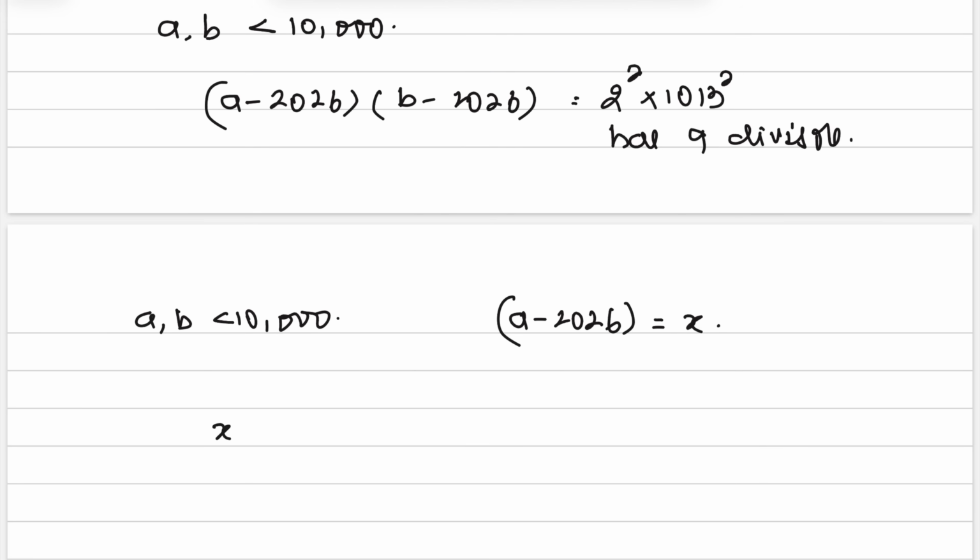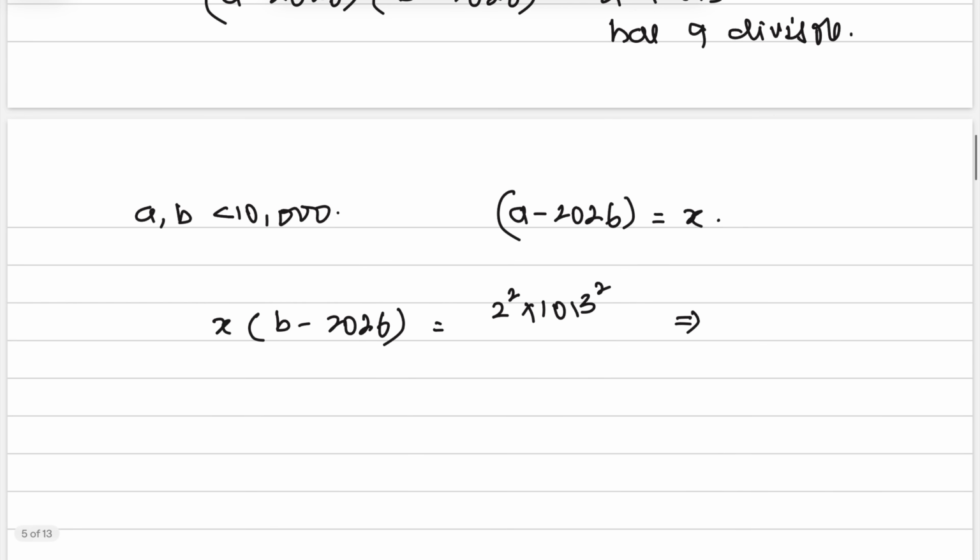That means x into (B minus 2026) is equal to 2 squared into 1013 whole squared. That implies, what is the value of B? If x is assumed like this, with x we have got the value of A, which implies A is equal to x plus 2026.